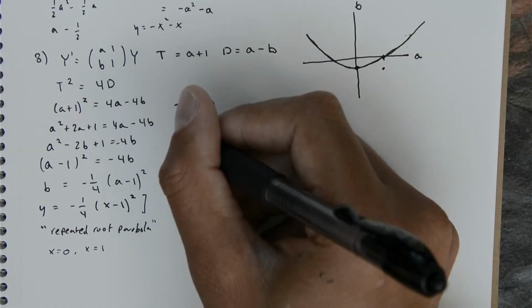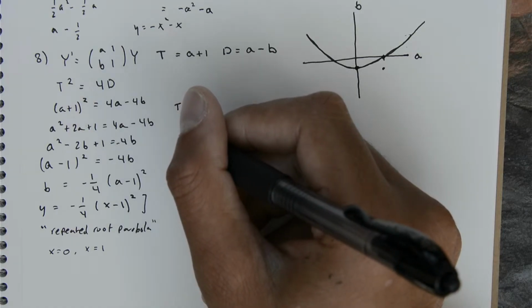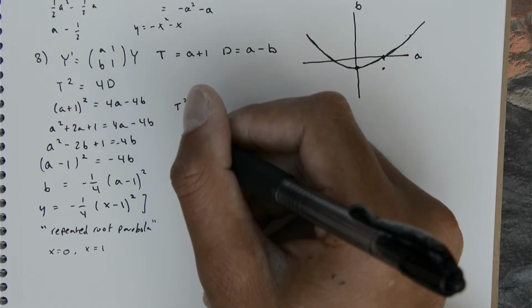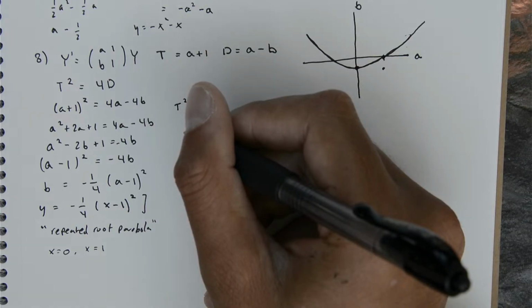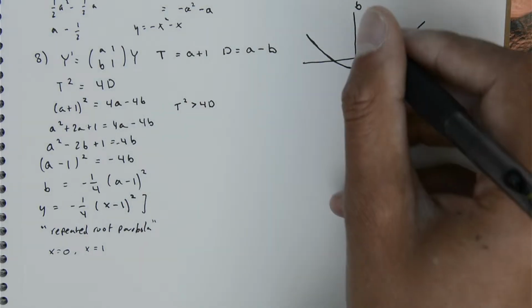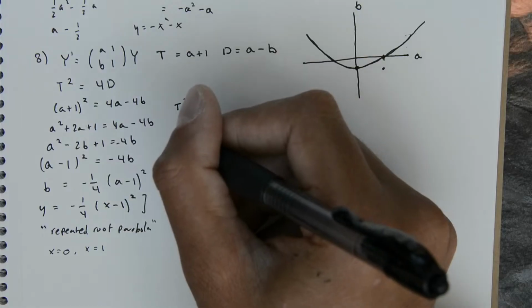So t squared is the, all right, so let's just take like 0, 0.